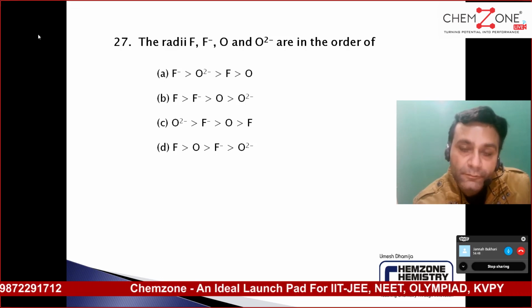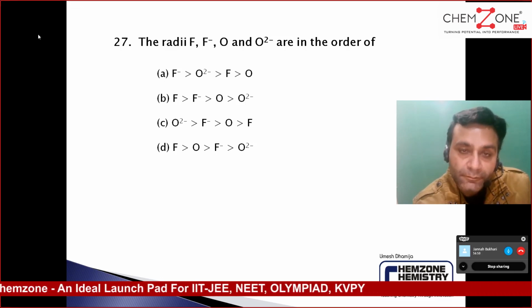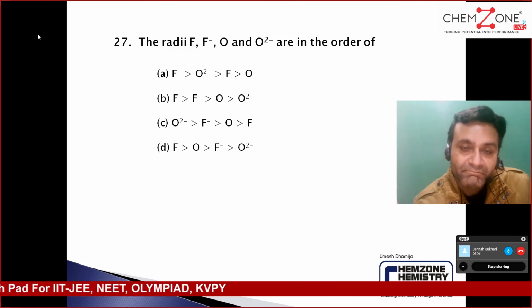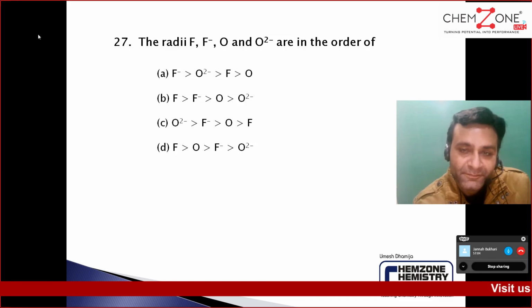So then the most electrons would be... the least amount of electrons is O. And then F.